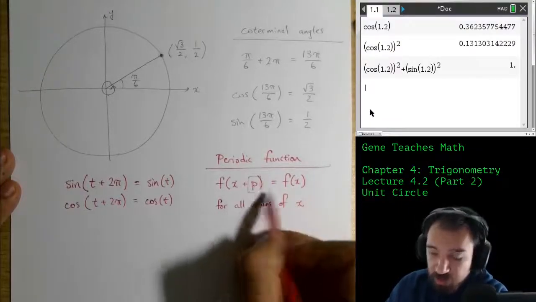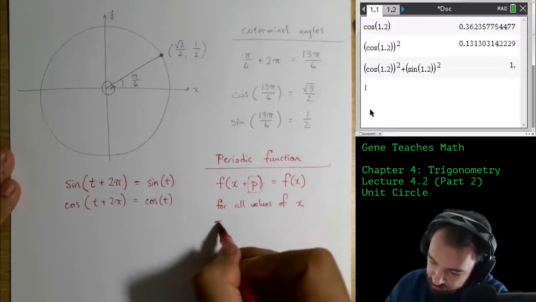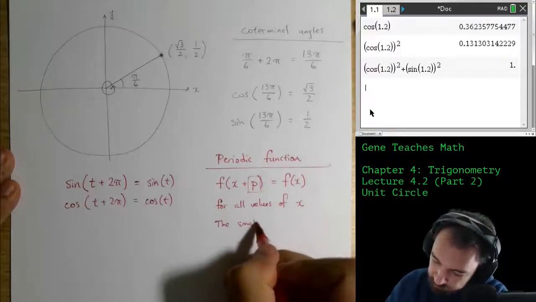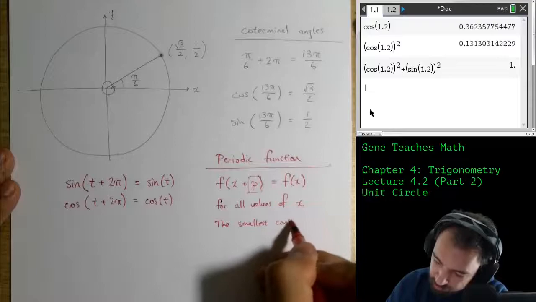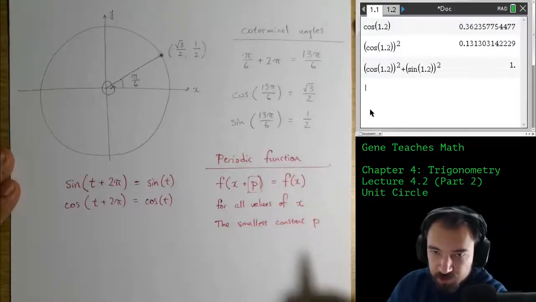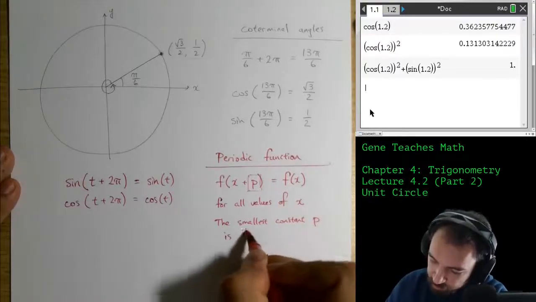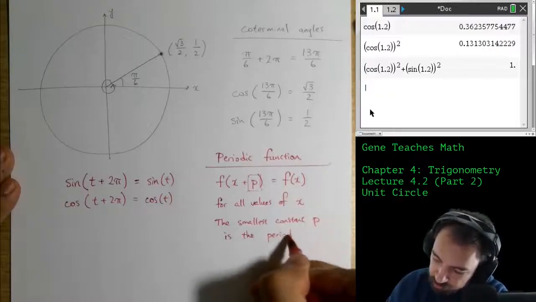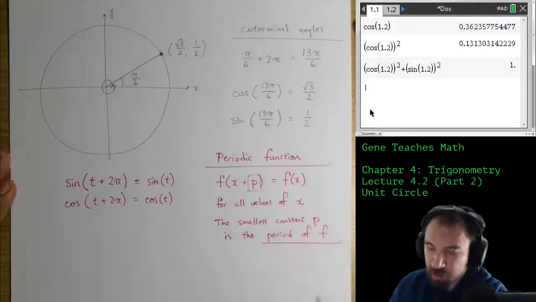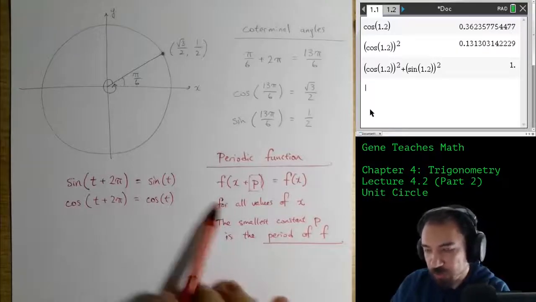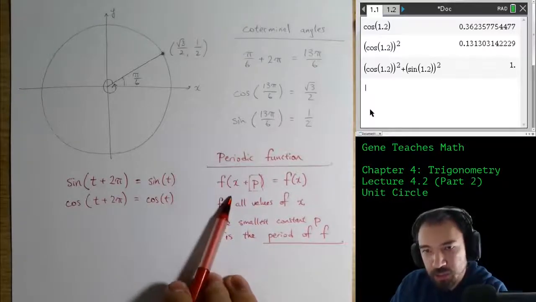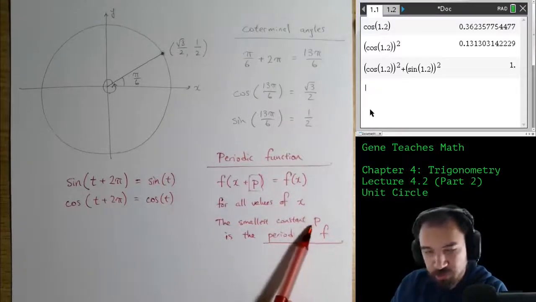So this p is a constant. And we say the smallest constant p for which this relationship is true is the period of f. So that means how often the values of this function repeat themselves, that is the period p.